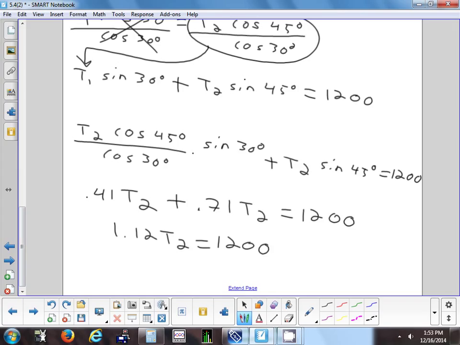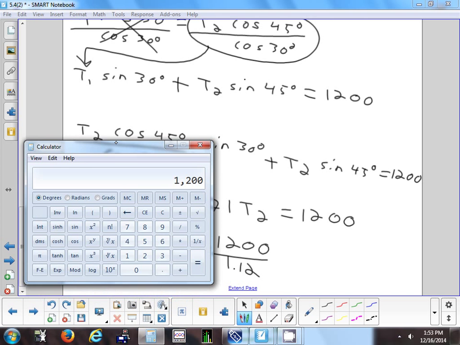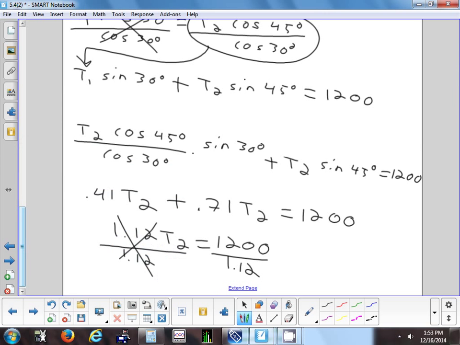And how do I get T2 by itself? Yeah. Divide by 1.12. So you got 1,200 divided by 1.12. So the tension in one of the cables is 1,071.4 pounds.